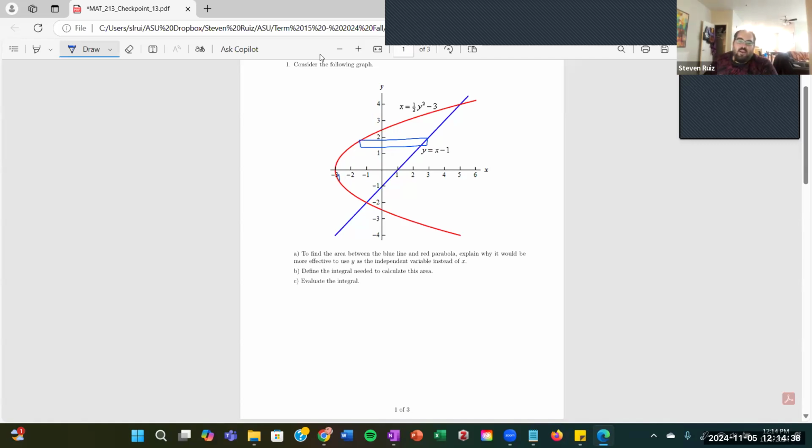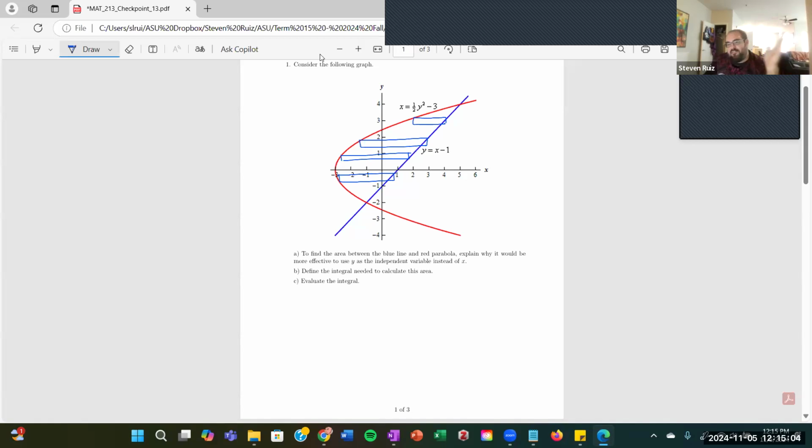No matter where I draw rectangles like this, where's the left end of these rectangles going to be? The left end is going to be dictated by the parabola, by the curve. Where's the right end going to be? The right end of these rectangles is going to be dictated by the line.